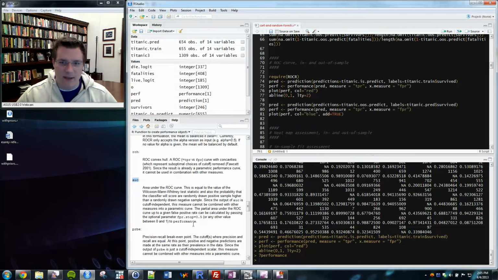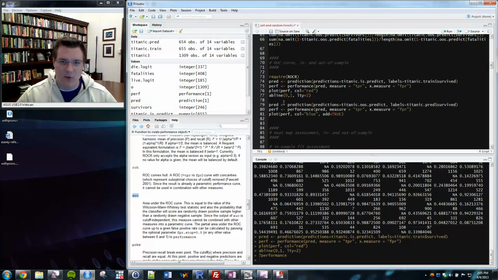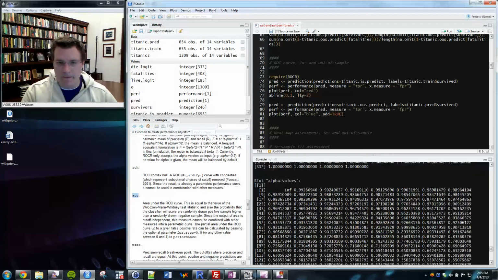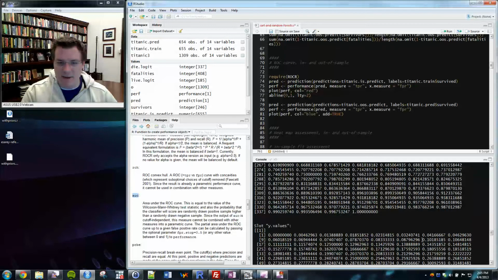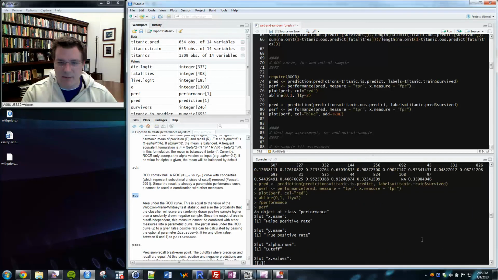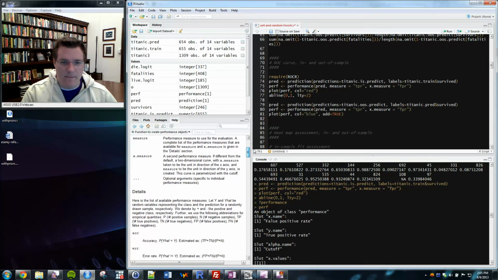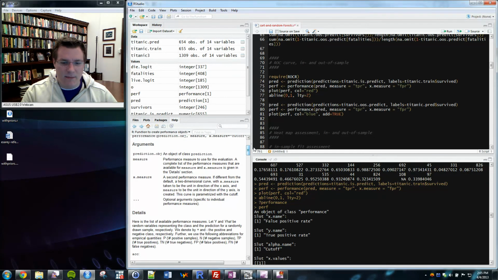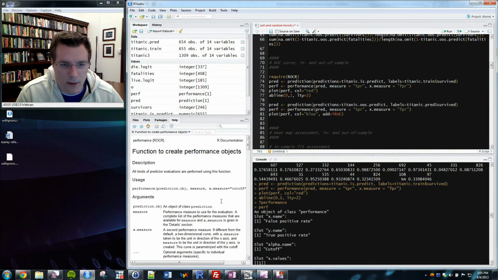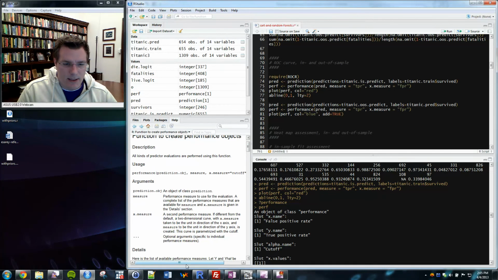So if I look at the performance object that I've created, this perf object, there's the alpha values, y values, x values, and so on. I can ask it, I believe, to give me the AUC measure as well by asking for the performance measures used for the evaluation, right.